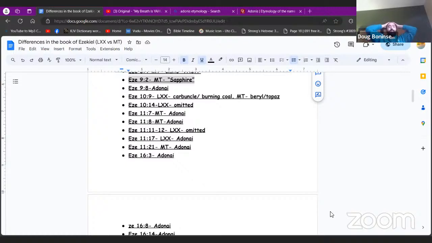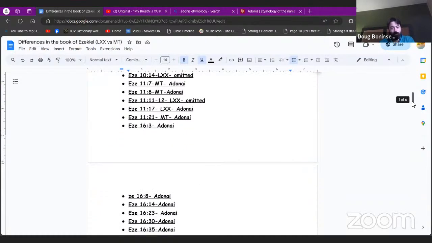Yahuwah carved sapphire tablets to give him to write the law on. There's a symbolicness to the sapphire spiritually, so that could be why they wanted to take it out. But yeah, sapphire's not in Ezekiel 9 verse 2 of the Masoretic.